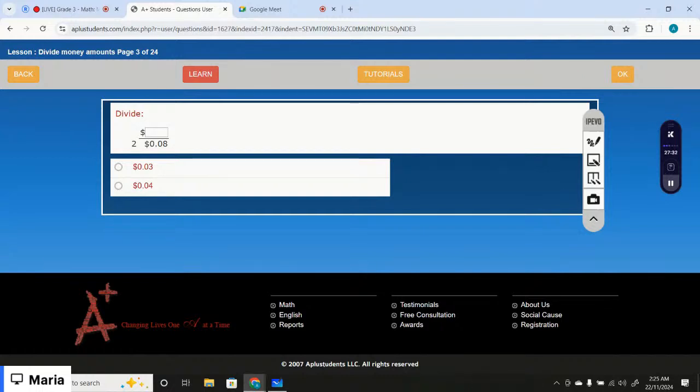0.08 divided by 2, which is the correct option? The correct option is 0.04. Option number 2 is the correct option.